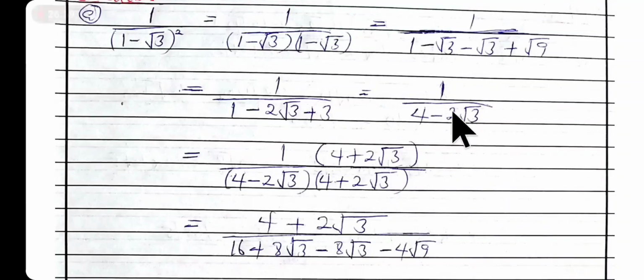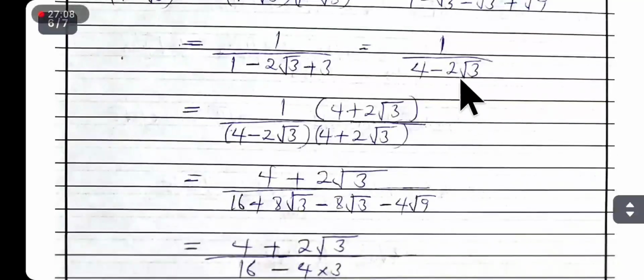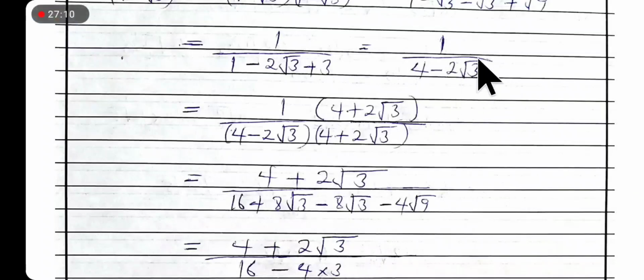So now that we have this, in our denominator we don't want to see square root. So we have to remove it. So the process of removing it is to rationalize. To rationalize means we need to use the conjugate of this. Conjugate of 4 minus 2 root 3 is 4 plus 2 root 3. So this is the same thing as equals to 1.